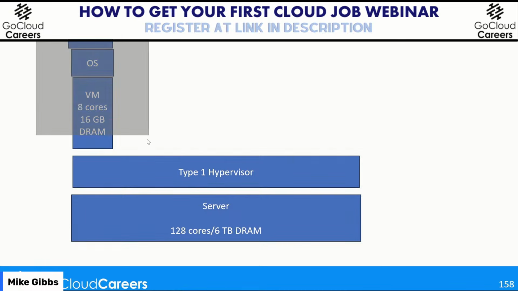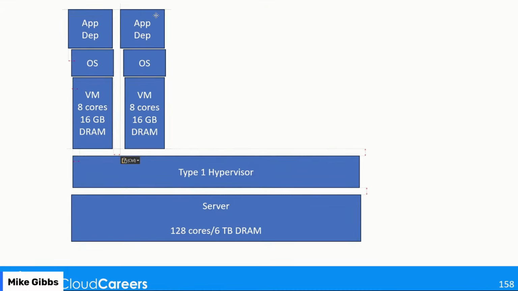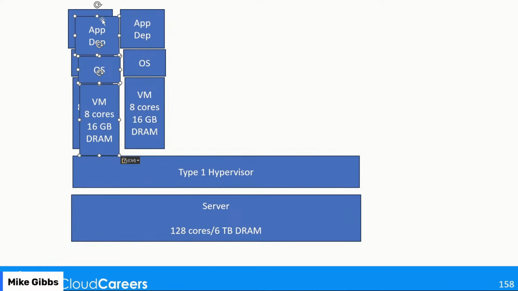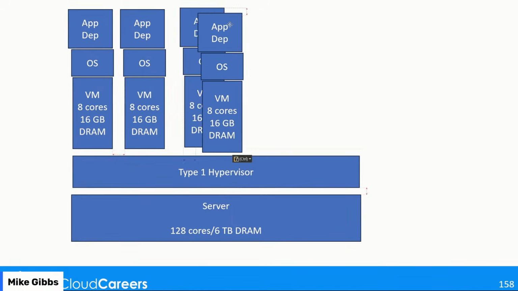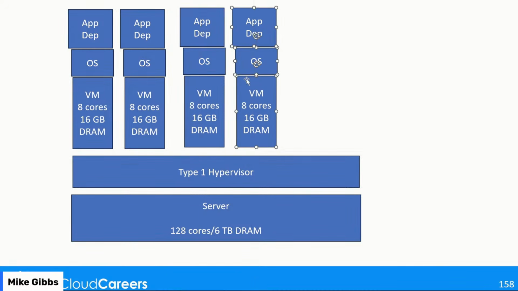And guess what? You want to run a second virtual machine? You can. And that'll be there. It'll pull 8 cores. So from the RAM, we've got another one that we can pull. We can create another one. And mind you, this server has 128 logical cores, right? So we can have a whole lot of 8-core servers that are here.